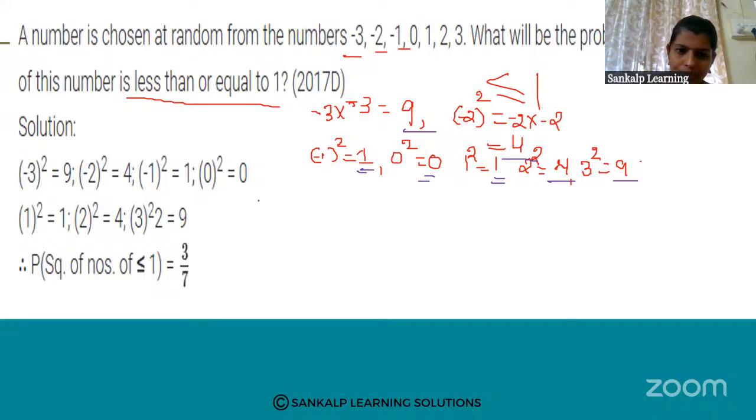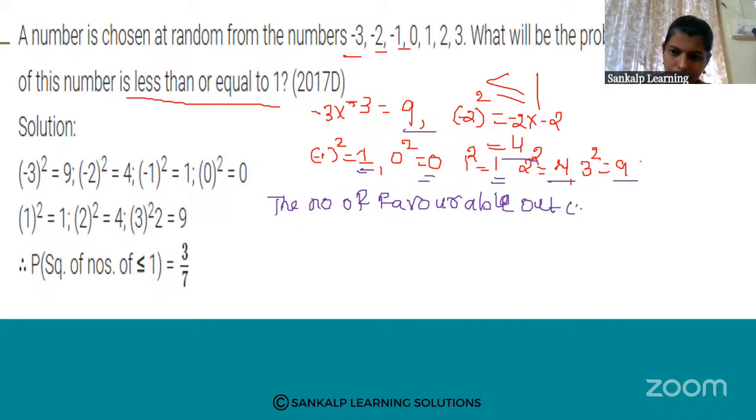Therefore, the number of favorable outcomes is 3.